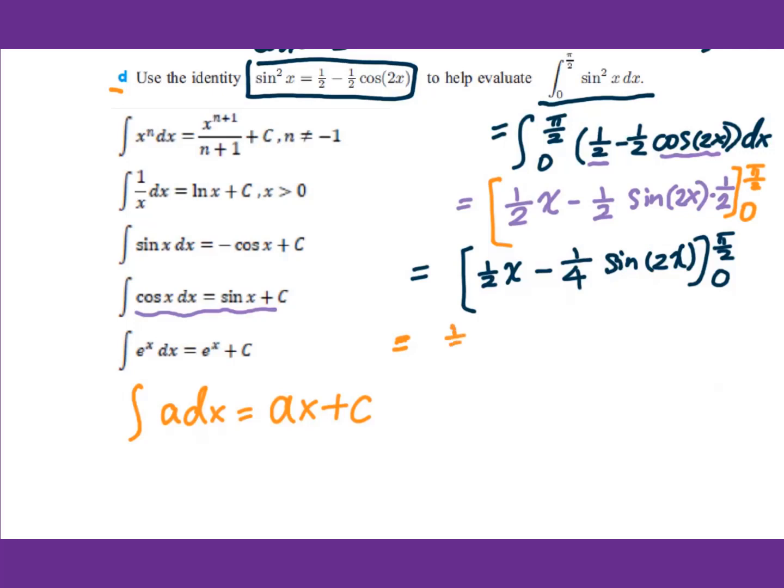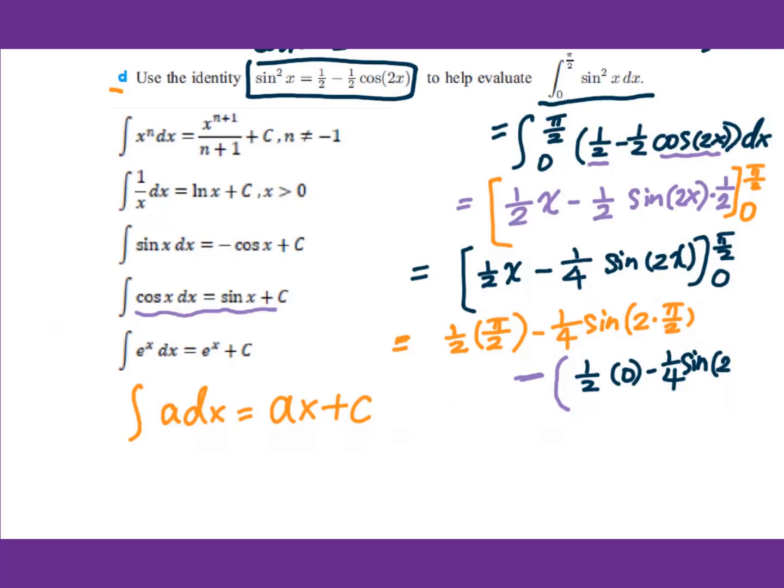You will get 1/2 times pi over 2 minus 1 over 4 sin 2 times pi over 2. Then minus, using parentheses, 1/2 times 0 minus 1 over 4 sin 2 times 0. Then parentheses back.